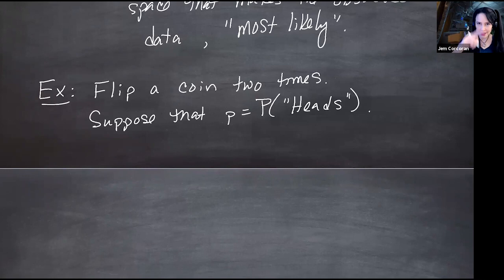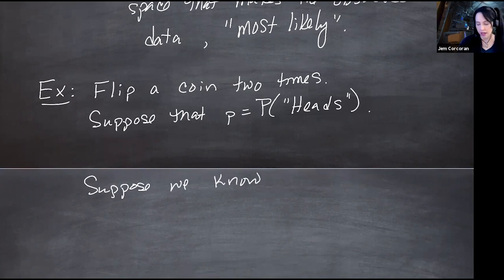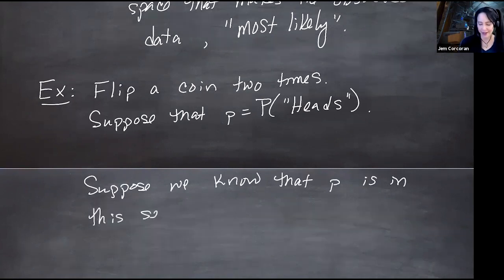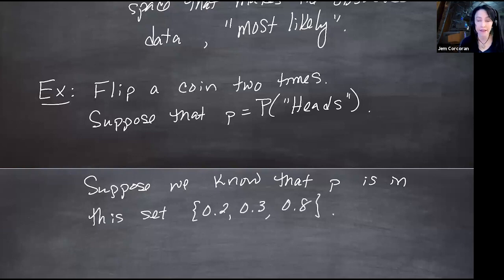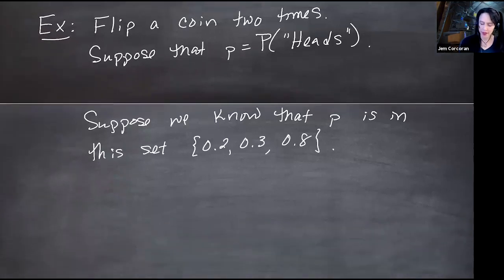Okay, and now this is the silly part. Suppose we know that p is in this set. Now, in real life, p can take on any value from 0 to 1 inclusive. It's a whole interval, but I'm going to use a little discrete set, which is kind of silly. I'm going to use 0.2, 0.3, and 0.8. I know, bear with me.